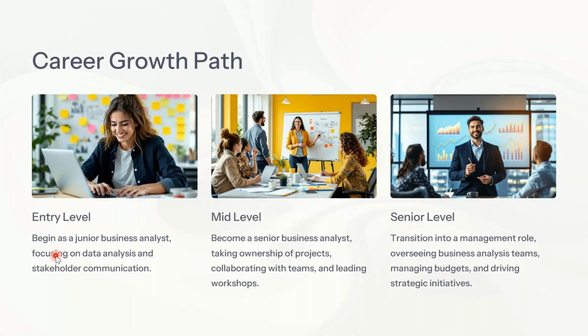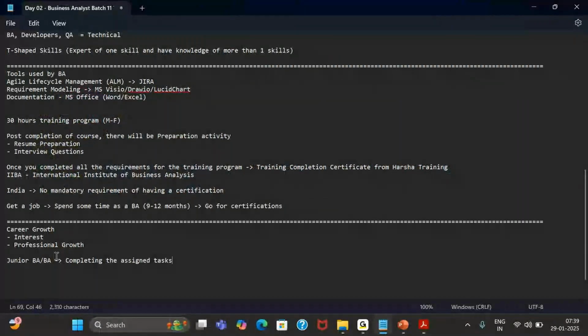Then eventually you transition from a junior BA into more of a senior BA, and then a lead level role. Here you will again be finishing up the assigned tasks, but along with that you will also be responsible for acting as a guide or mentor for junior BAs.